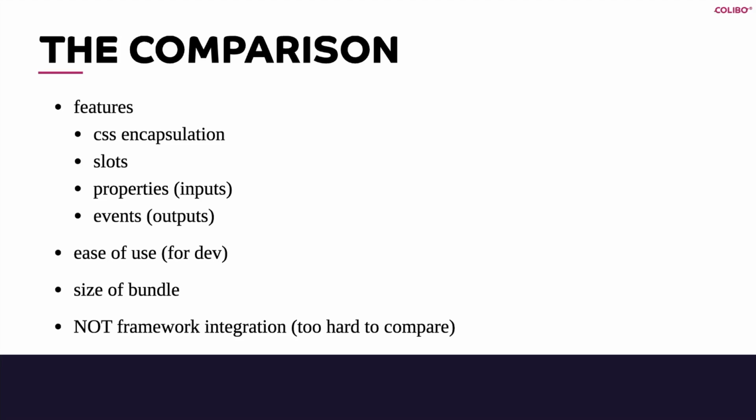I'm not going to compare how it actually integrates into the frameworks, because it's impossible to compare how change detection and dependency injection in Angular work from outside of a web component, as there's really no equivalent to that in React. And the other way around for async rendering inside of React, there's no equivalent to that in Angular. So it doesn't really make sense to compare those.